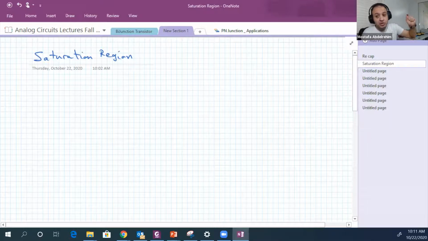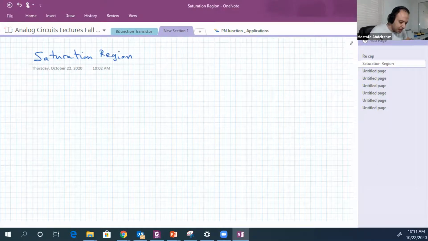And remember, J2 is dependent on the voltage VCE. So to sustain J2 as reverse, VCE has some condition to be larger than 0 or something. Now what happens if we decrease this? So gradually, J2 will turn from reverse into forward.